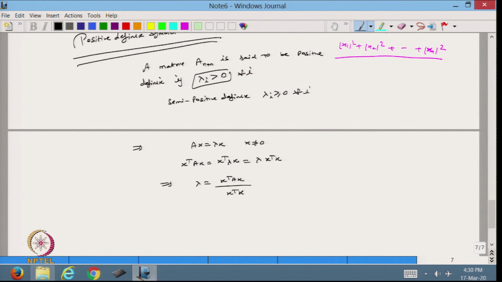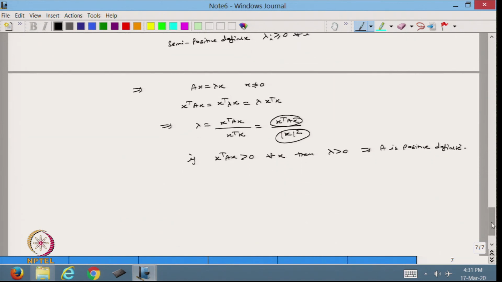So, x transpose x is the square, and this quantity is always positive. So, if x transpose Ax is positive for all x, then my lambda is always positive, and then we will say that A is positive definite.